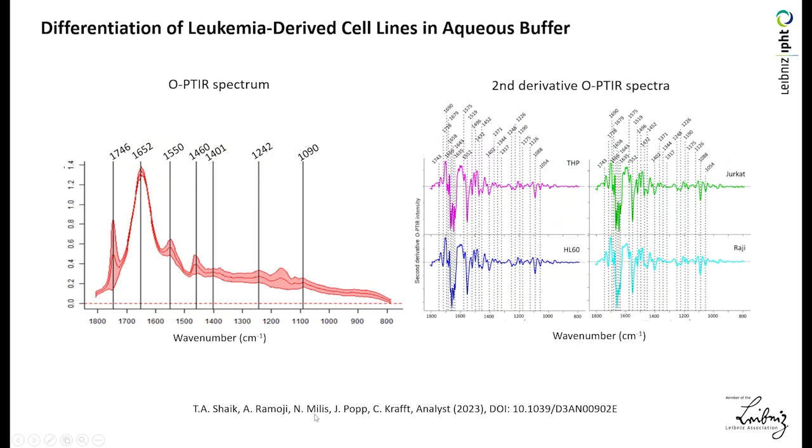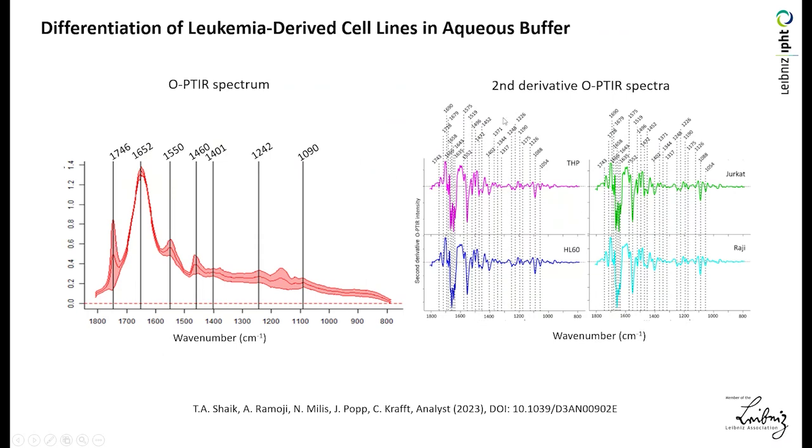This work has been published in 2023. So we collected O-PTIR spectra of leukemia-derived cells in aqueous buffer, and the typical infrared spectrum is shown here with some bands of biomolecules, the amide-2 band. The amide-1 band overlaps with the water band, and here is the ester band of lipids.